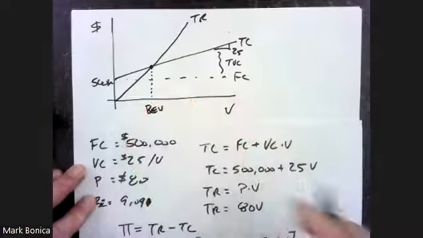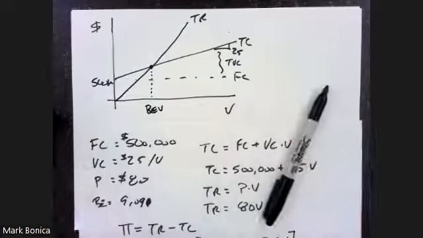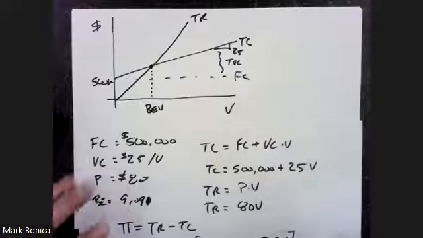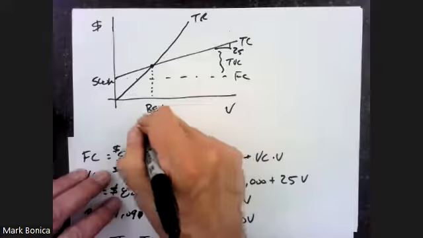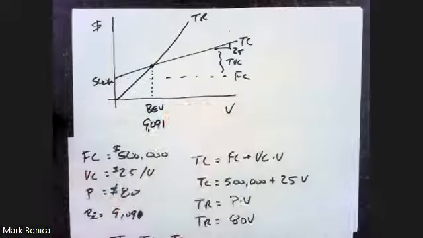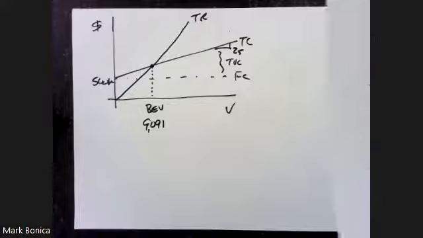Our friend Bev. Break-even volume. And in this case, that's 9,091. 9,090.909090.